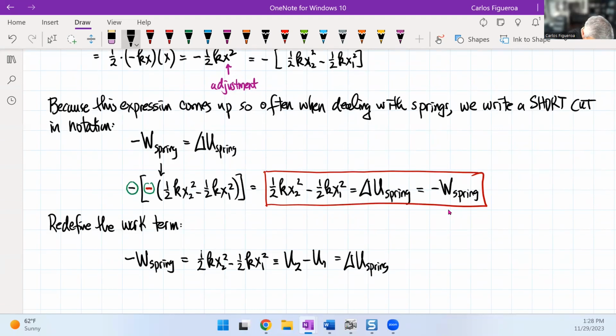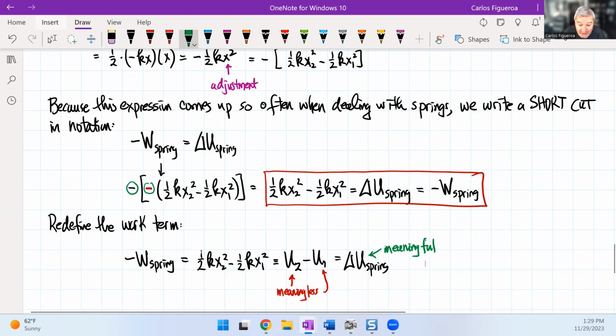So what does this mean? Well, this by itself is meaningless. Only this is meaningful, which is pretty tricky because there's this minus sign floating around. But that's what we mean by the work energy theorem becoming a different type of energy.